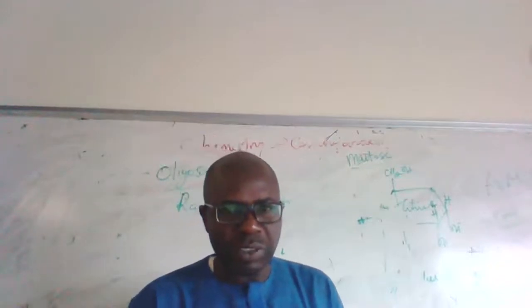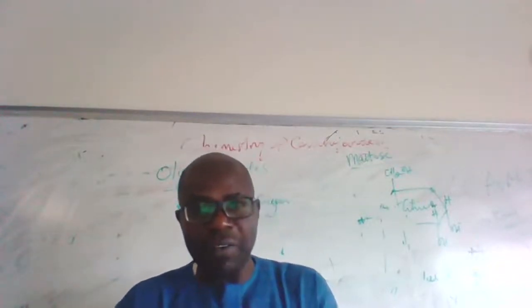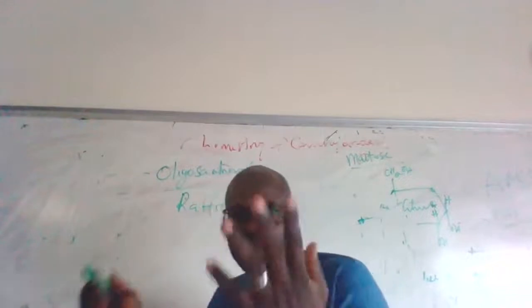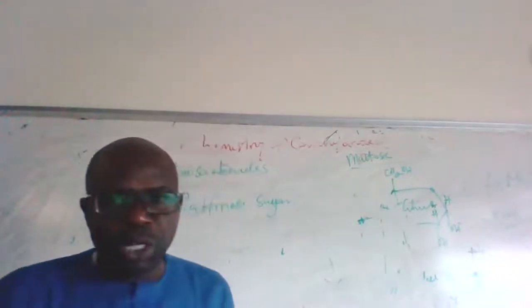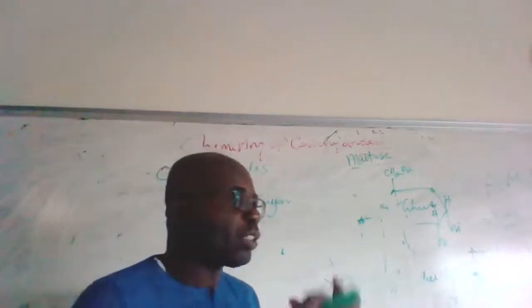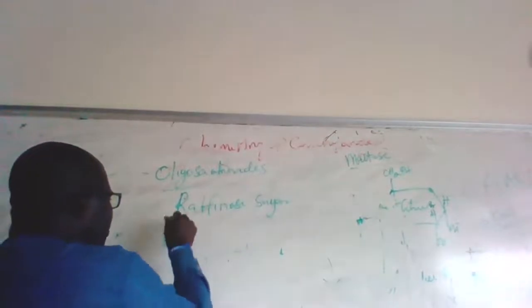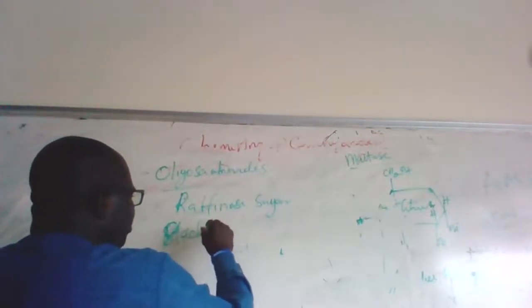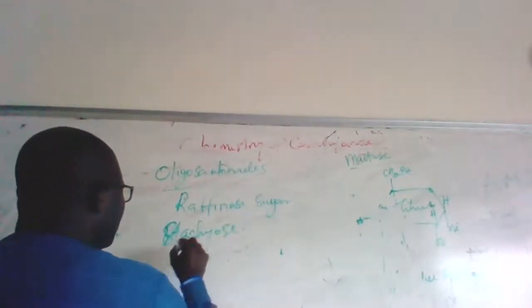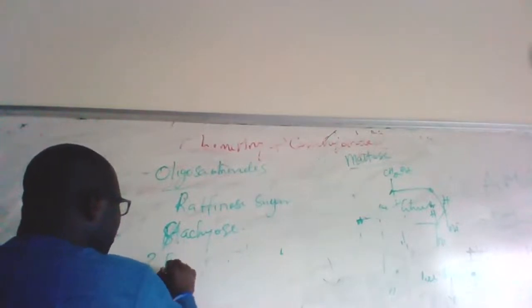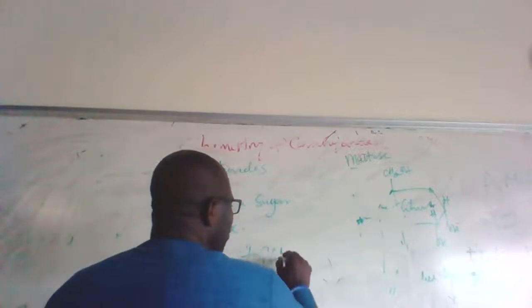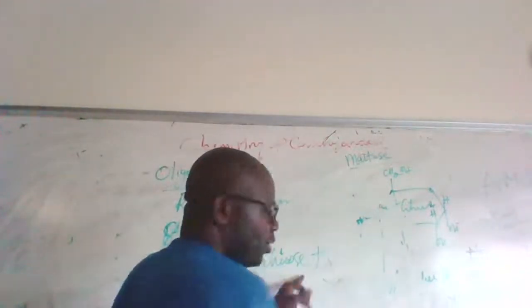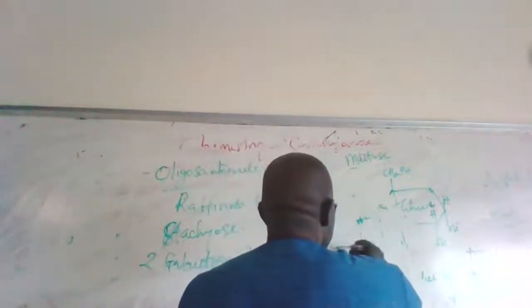Apart from raffinose, we also have stachyose, which contains 2 molecules of galactose plus glucose plus fructose.